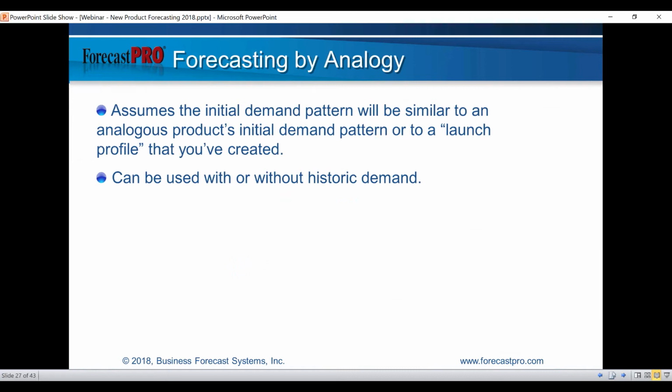Forecasting by analogy can be done both before a launch, when you have no demand history, and it's also a really good way of calibrating how the launch is going as the history comes in. So it can be used once you have some short history, and you can start making adjustments to your forecast based on that incoming history.